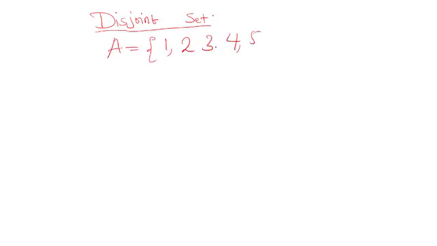Now, another type of set that we'll be looking into is the disjoint set. Now, when you talk about a set being disjointed, you're trying to say that they don't have anything in common. For example, if I say A is equal to 1, 2, 3, 4, and 5, while B is equal to 7, 8, and 9.